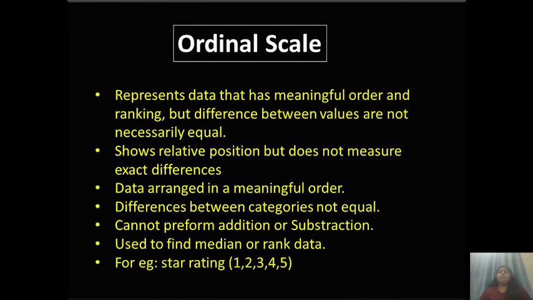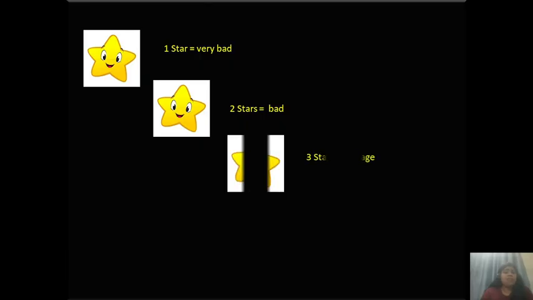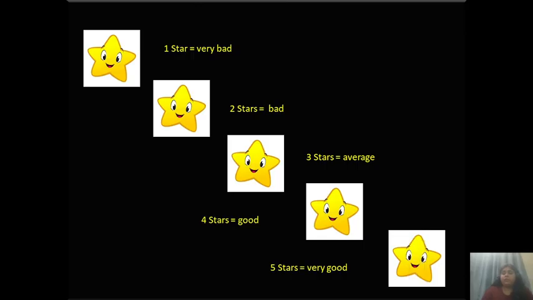The second scale is ordinal scale. As the name suggests, ordinal. It has some kind of rank or order, but the difference between those ranks or orders is unknown. For example, star rating. 1 star means very bad, 2 stars means bad, 3 stars means average, 4 stars means good, and 5 stars means very good. But if I ask you what is the difference between 1 star and 2 stars, you cannot give me one particular or fixed answer.